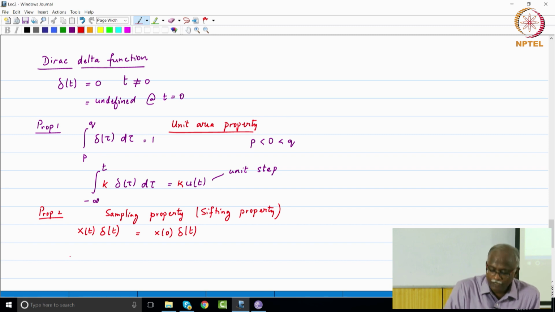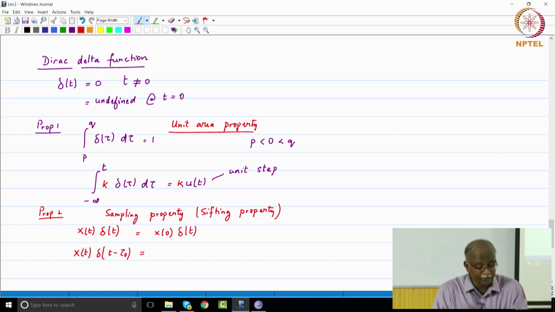And similarly, if you were to multiply x of t with delta of t minus tau naught, this would sample the function at x of tau naught, again multiplied by delta of t. Okay. This is a very, very useful property.